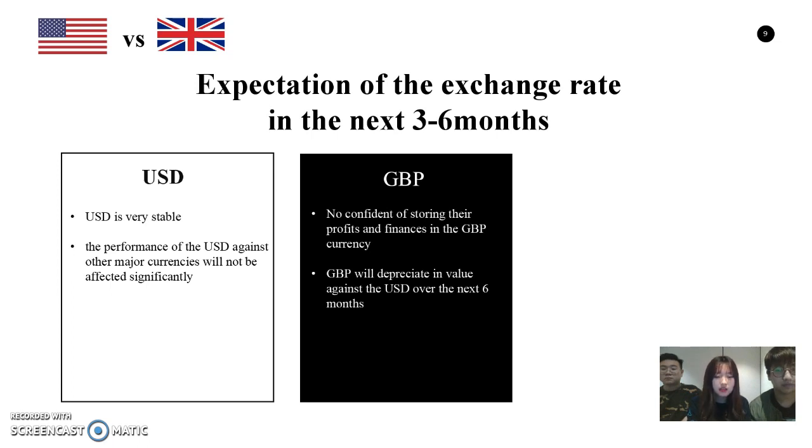In contrast, the USD is very stable, and its performance against other major currencies will not be affected significantly. This suggests that the GBP will depreciate in value against the USD over the next 6 months.